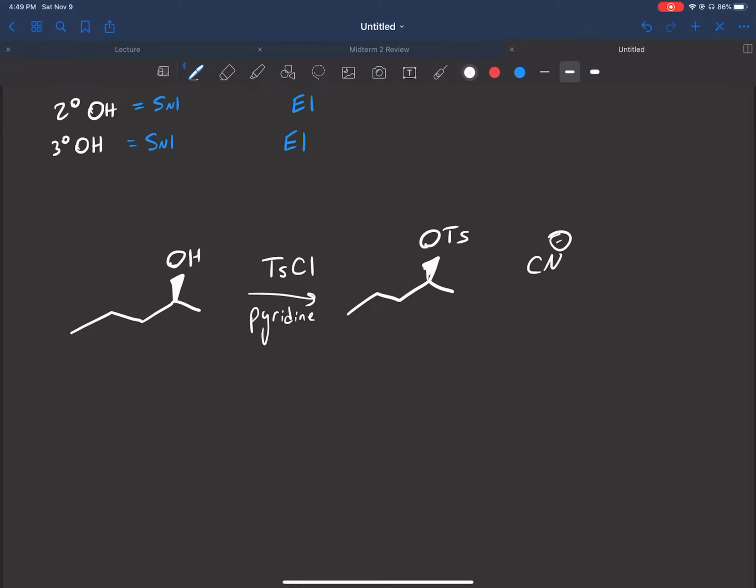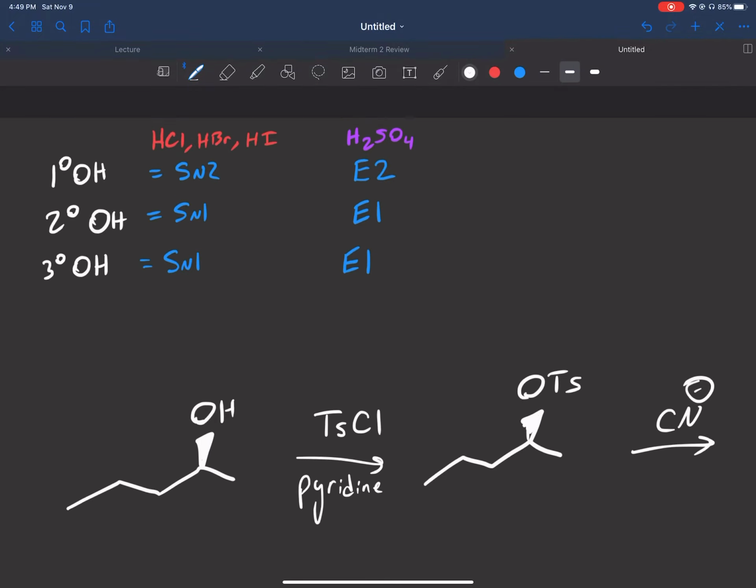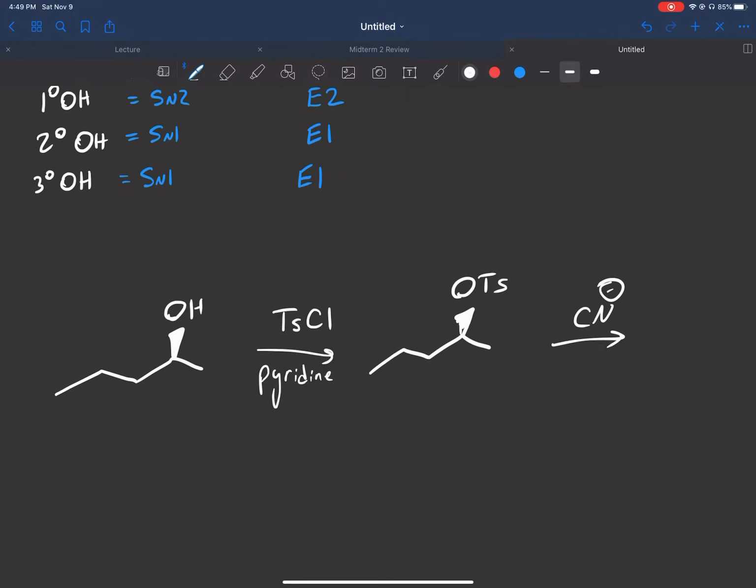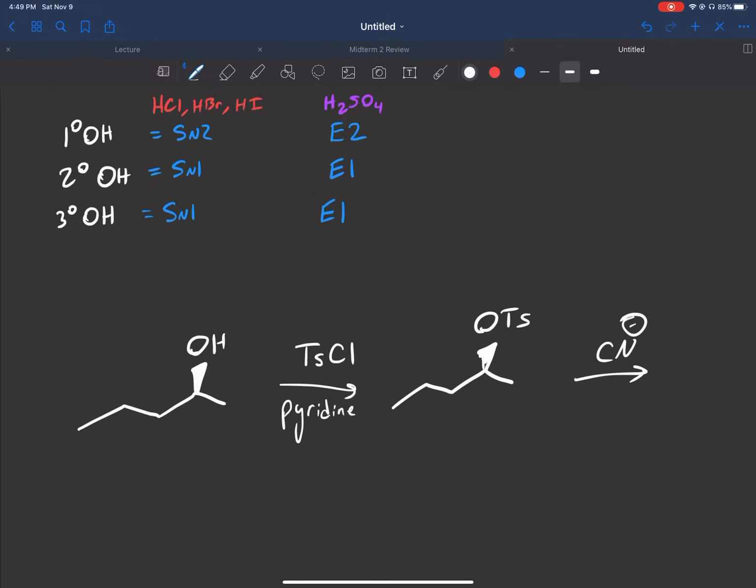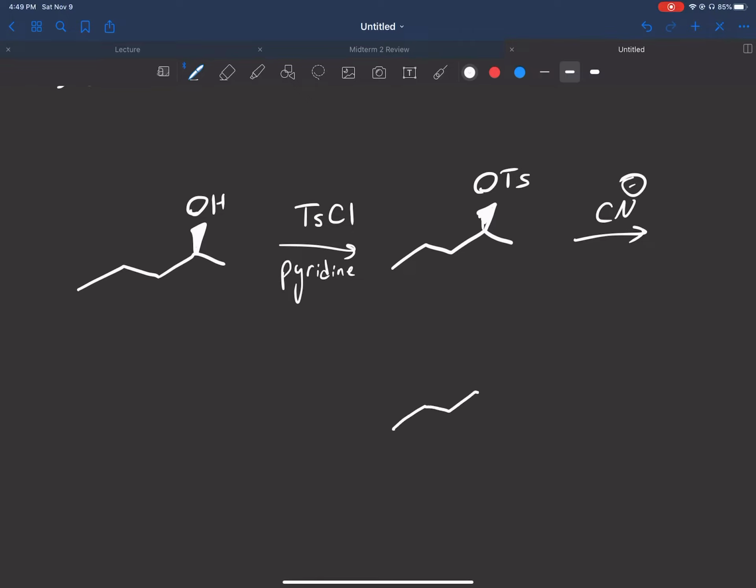Now, at this point, you may be thinking, well, how does the little stuff that we did up here affect this stuff, right? Now, the rules of using OTs, OMs, or OTf as leaving groups is they follow the same exact patterns as if we had, let's say, a halogen, like this. All right, so this is going back to our old SN1, SN2, E1, E2 thought process, right?